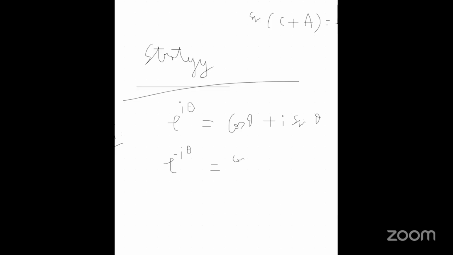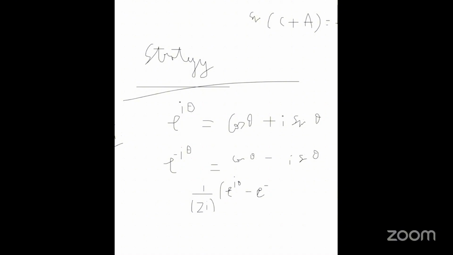And now you can solve for sine of theta. So you have a system of linear equations in 2 variables. So 2i sine theta is the difference, and so sine theta is 1 over 2i times the difference, e to the i theta minus e to the minus i theta.